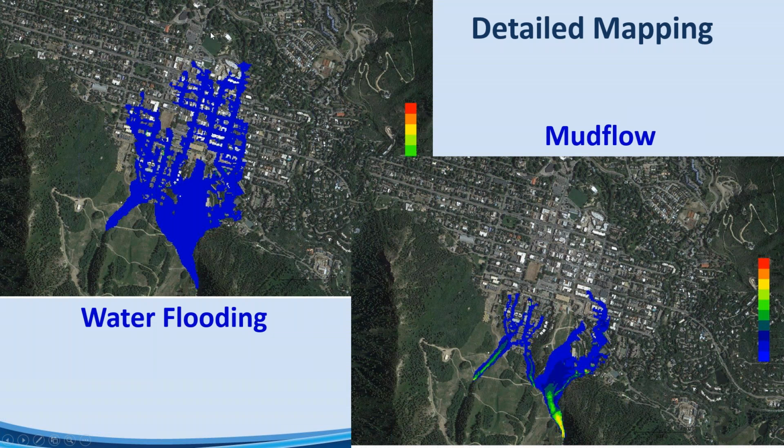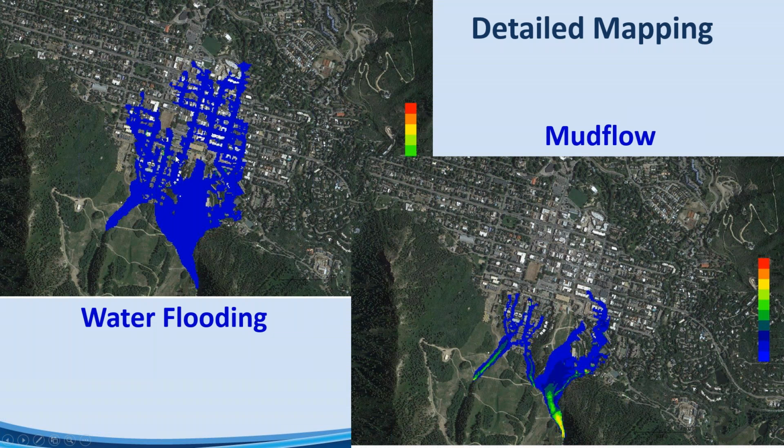stayed in the channel the rest of the way or into the stormwater system, which you could model with the mud flow too. But along the interface between the watershed and the urban area, these storm drains are just going to be clogged with sediment. And so it may be ineffective regardless of whether you're doing it for water flooding or not.